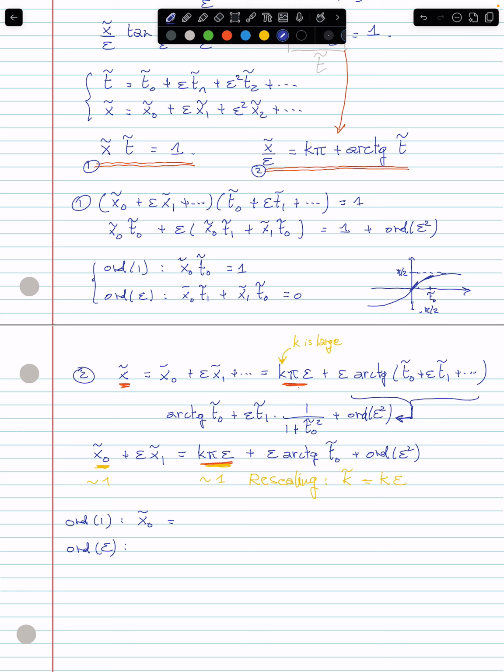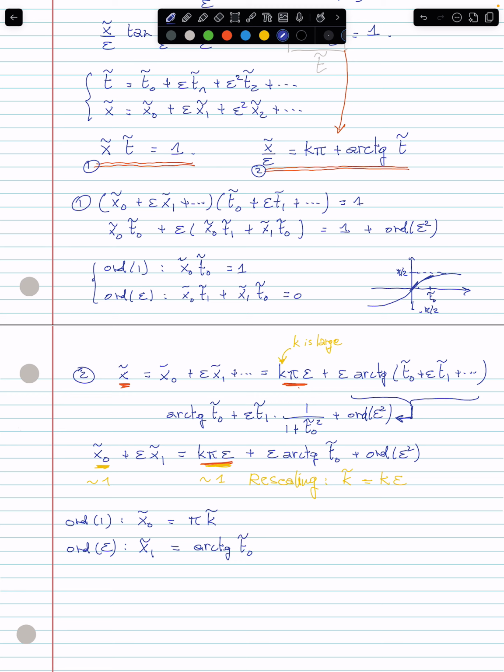All right. So it means that at leading order, we have x0 tilde is equal to pi times k tilde. And that's the leading order solution. If we look at the second equation, on the left we have x1 tilde, on the right, arctangent of t0 tilde.